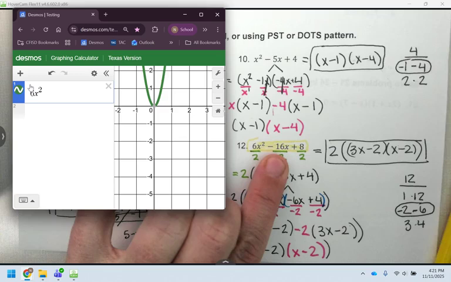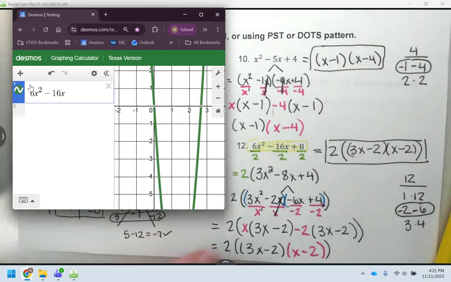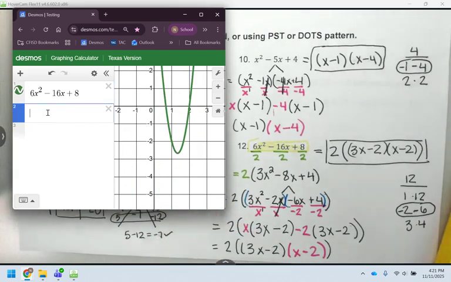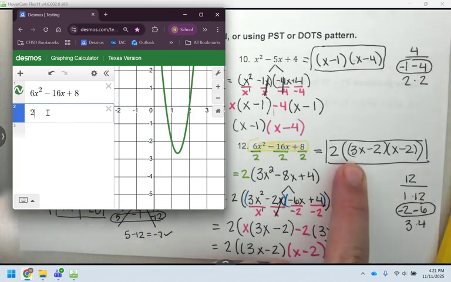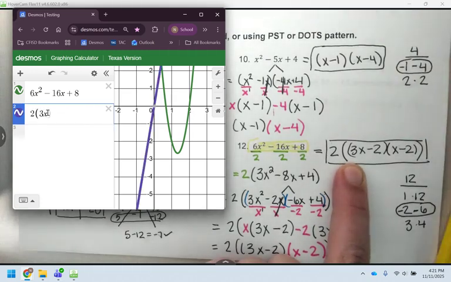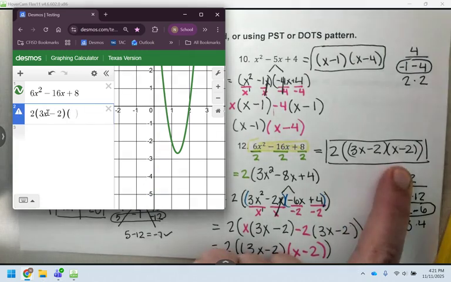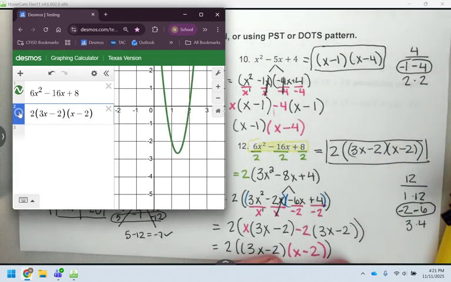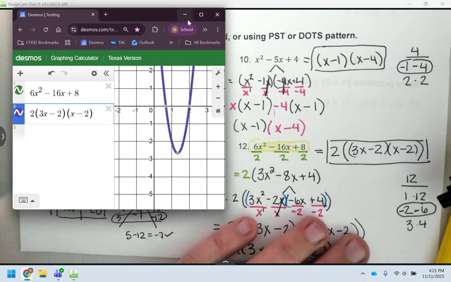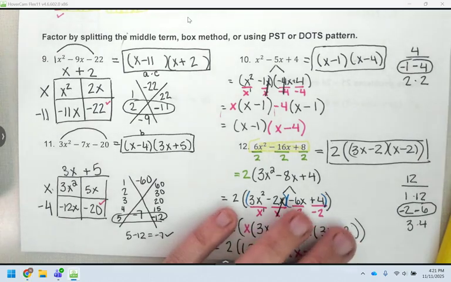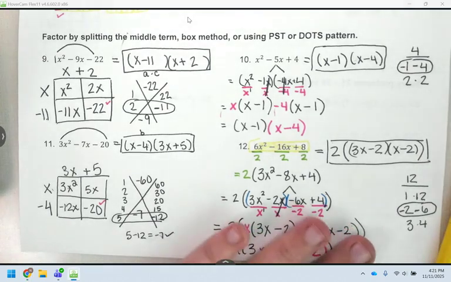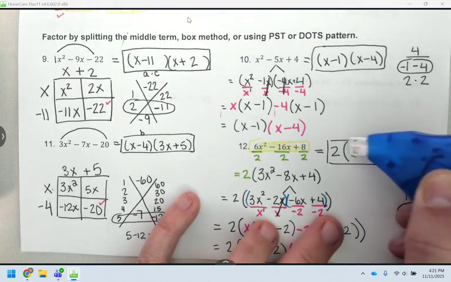And then my answer, 2 parentheses. Let's see if we need that extra set. Green was my original, purple is the answer. They are the same, so we did it correctly. And it looks like we actually did not need that extra set of parentheses.